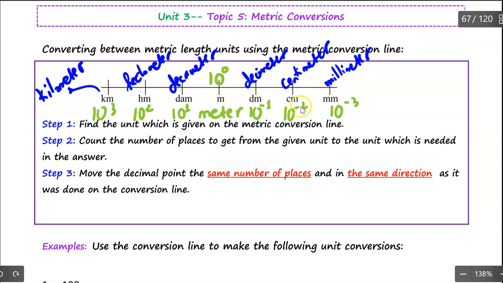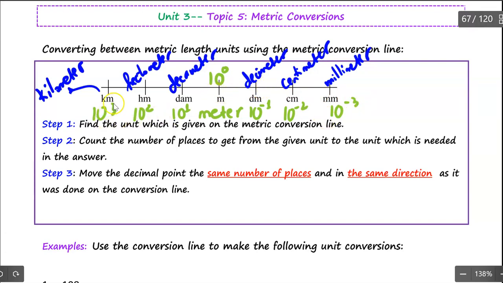The negative 2, the negative representing that you are making your number smaller, but the 2 representing 2 spaces to the right of this unit meter. 10 to the -3, the 3 representing 3 spaces to the right of this meter.